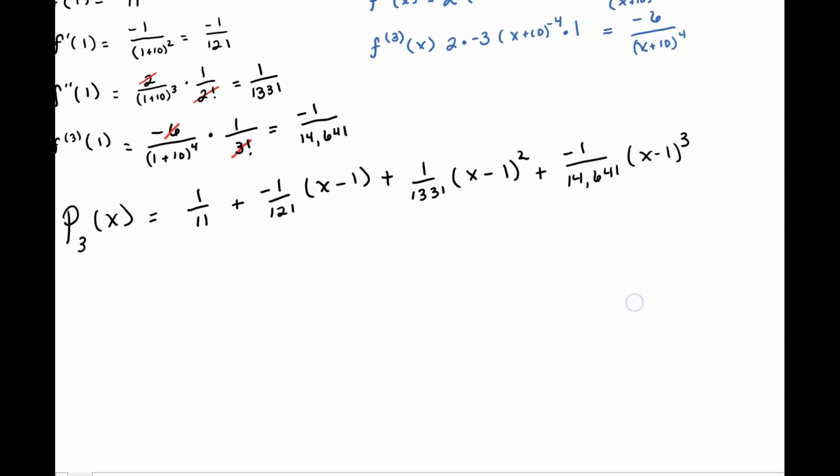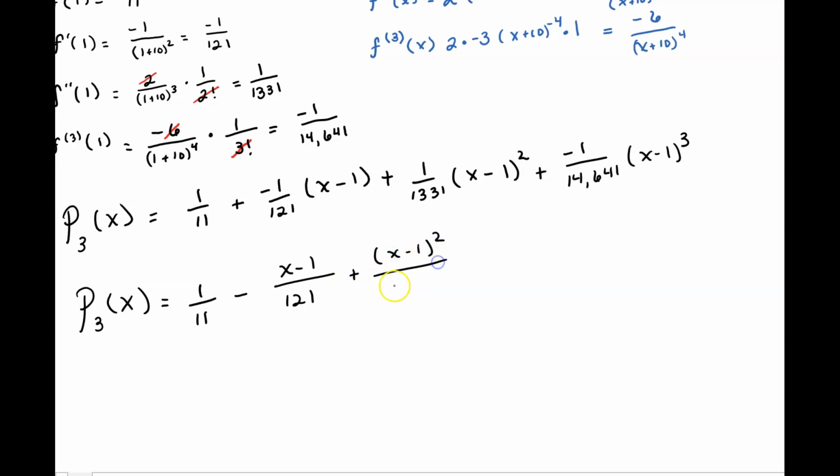Okay, so I can clean it up just a little bit more, and it's going to look something like this. It's going to be 1 out of 11, minus x minus 1 over 121, plus x minus 1 squared out of 1331, plus, or in this case minus, x minus 1 cubed over 14,641.